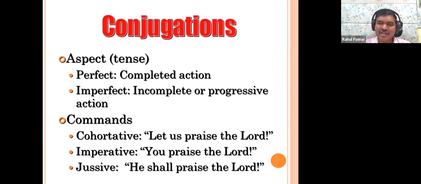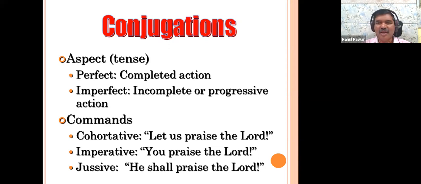But context, and context alone, is the key to recognize whether that action happened in past tense, or it will happen in future, or it is presently ongoing action. So the translation will be I killed, I kill, or I will kill.